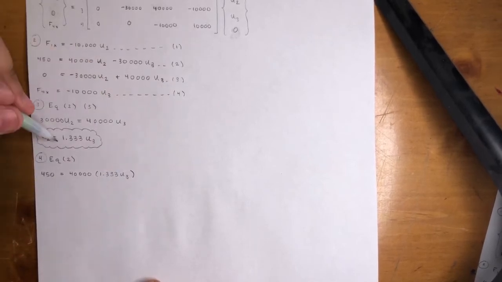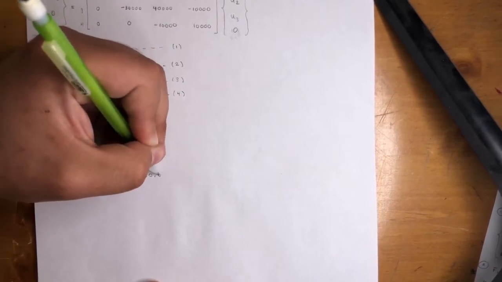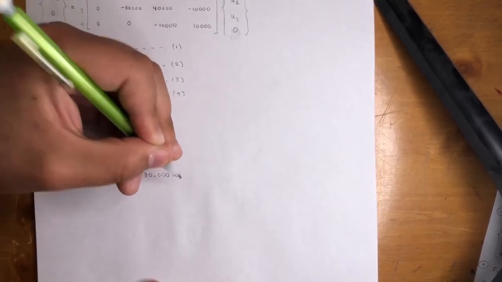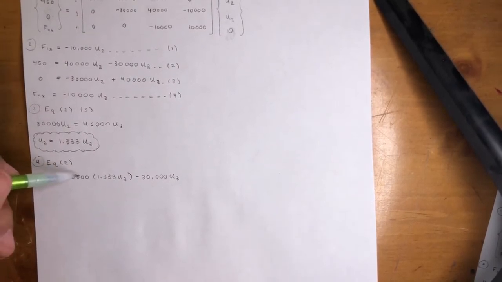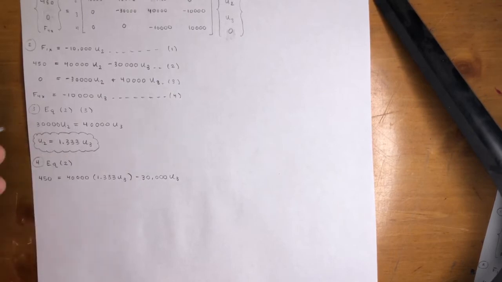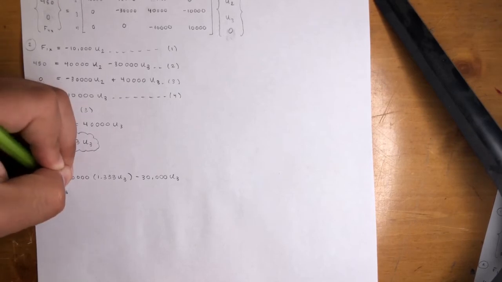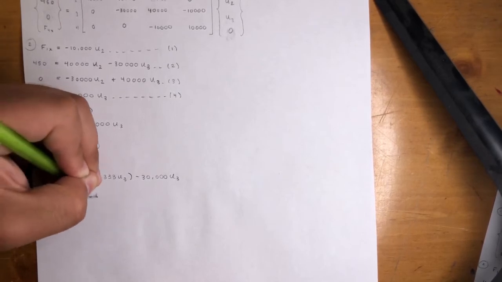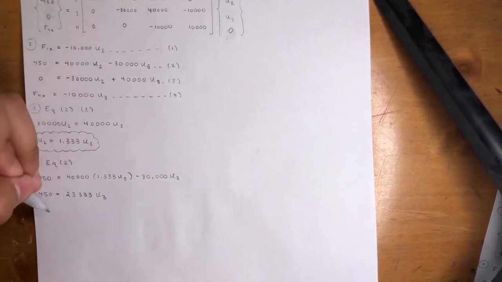Just plugged it in, made the substitution, minus 30,000 u3. If you multiply this, you'll get 53,333. That minus 30,000, you will get 450 is equal to 23,333 u3. Okay, solve for u3.